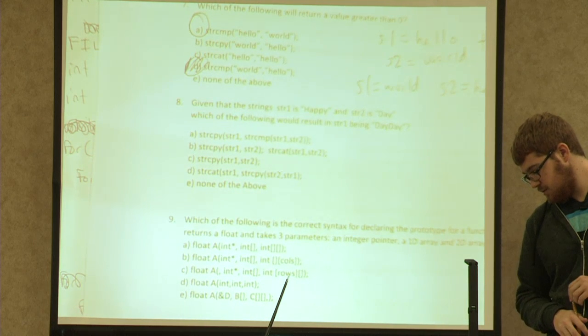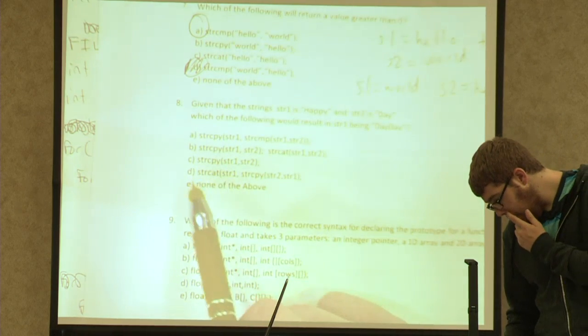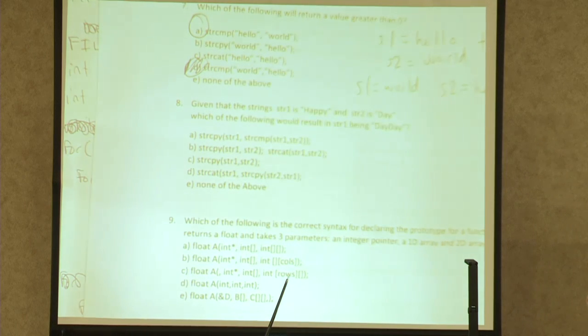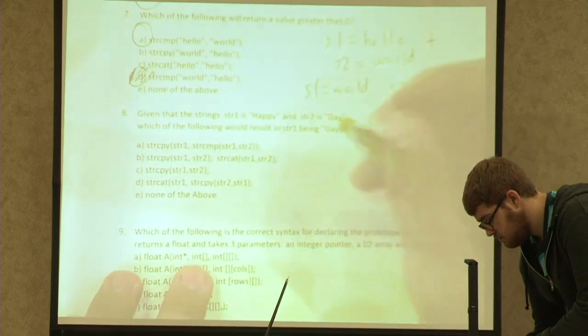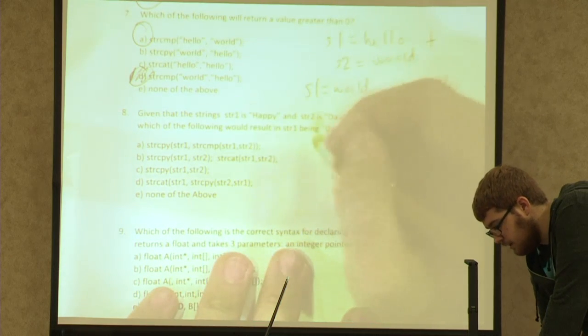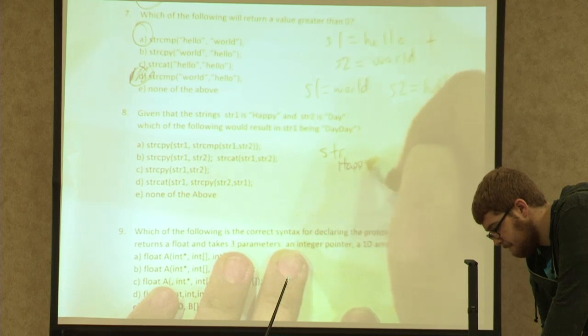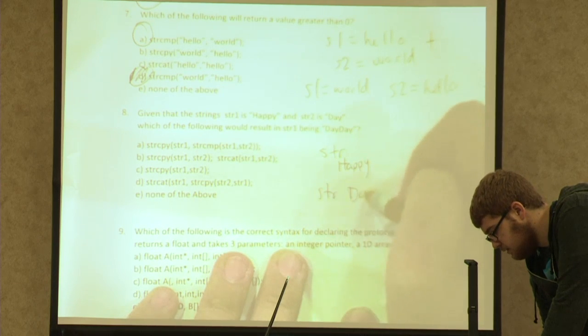Given the string happy and the string day, which of the following would result in day day. So that one, you just want to override string 1, right? How would you do that? You want S1 to become day, so string 1 is happy, string 2 is day.